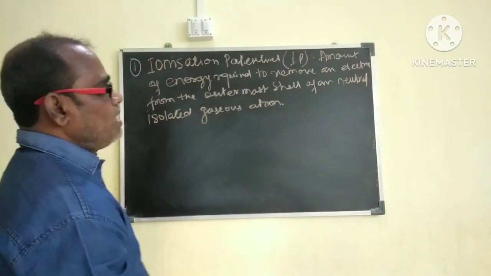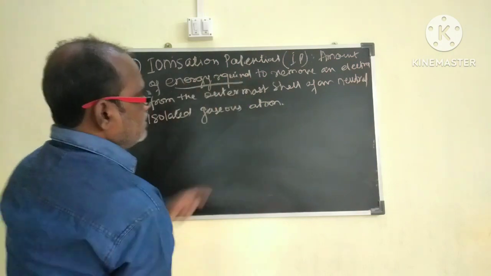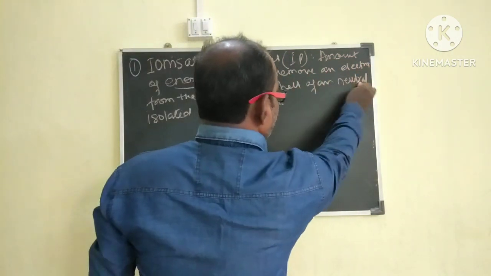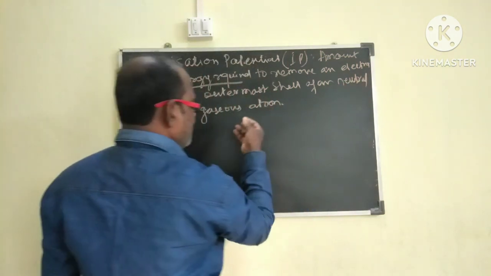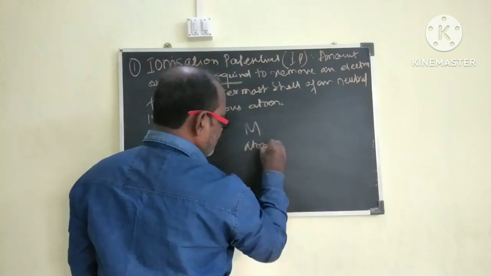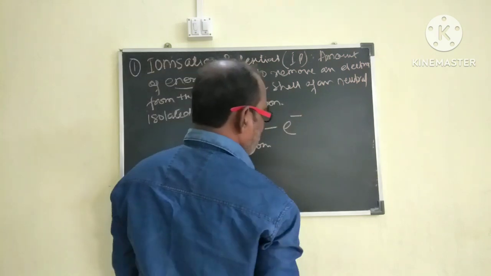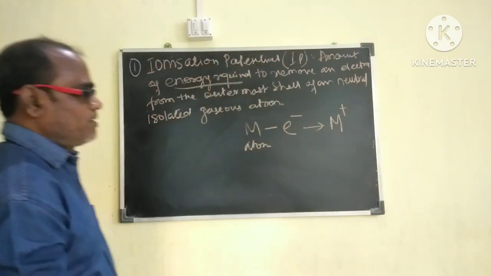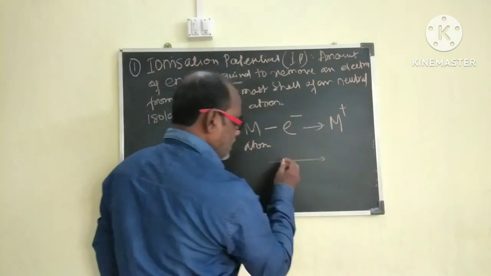Already I have said, that is the amount of energy required to remove an electron from the outermost shell of a neutral isolated gaseous atom. We can represent it as, suppose this is an atom, we are taking out an electron and we are getting this.